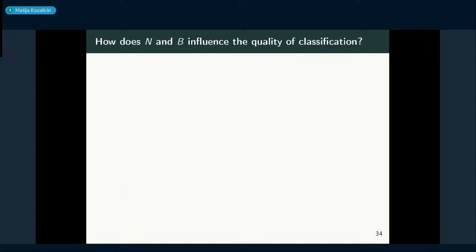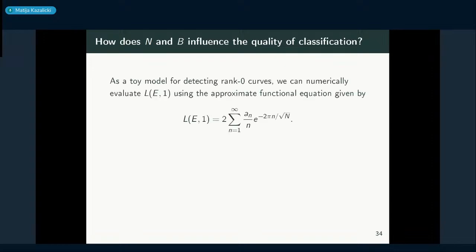Okay, so now we can ask ourselves what kind of information we can get from this data. One question is to determine how the conductor and the range B that we have chosen influence the quality of classification. To try to answer this question, we can look at a toy model for detecting rank 0 curves.